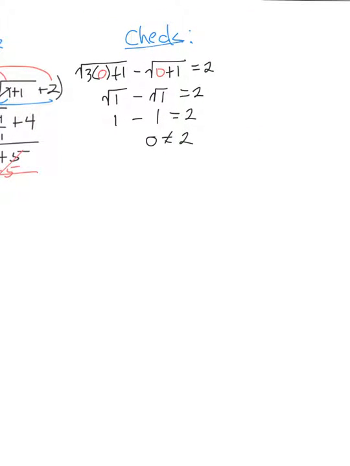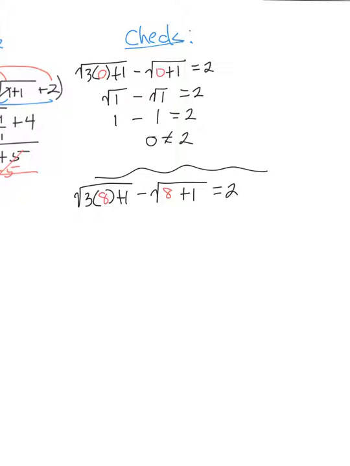So then we're going to check x equals 8. So in the original problem, this time I'm going to put 8 in for x. So 3 times 8 is 24, plus 1 is 25.